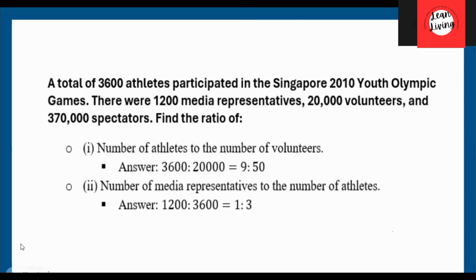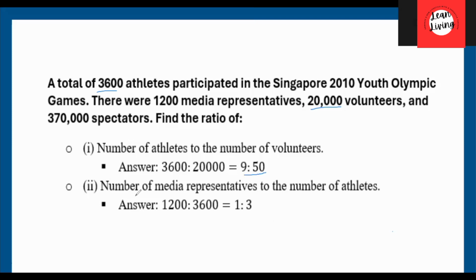Just tell me how many athletes are we having at this point? We are basically having 3,600 athletes, right? And the number of volunteers is 20,000. So 3,600 ratio 20,000, divide them from the same table, you get the answer 9 ratio 50.